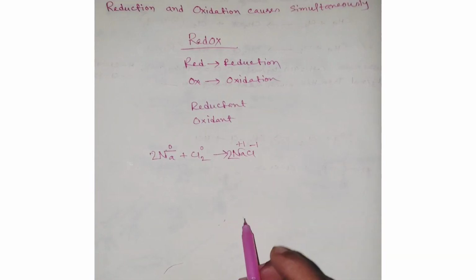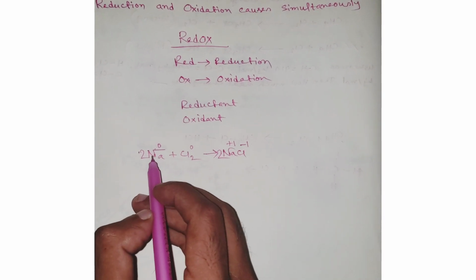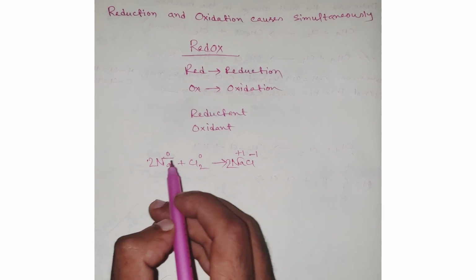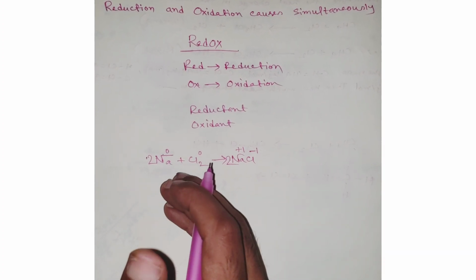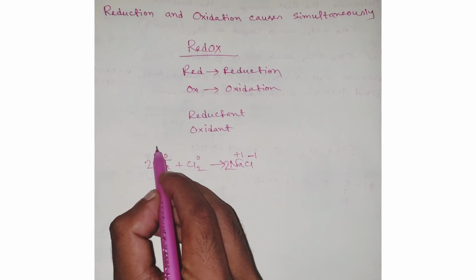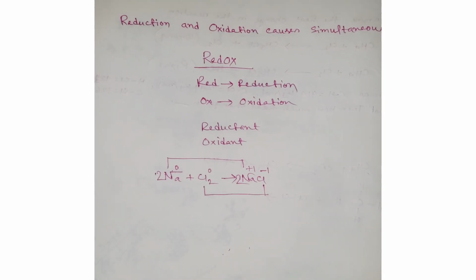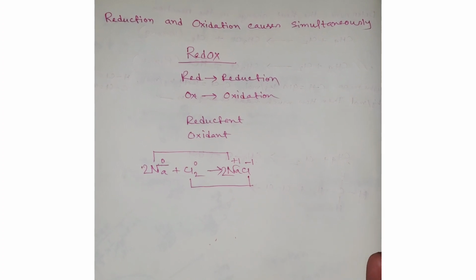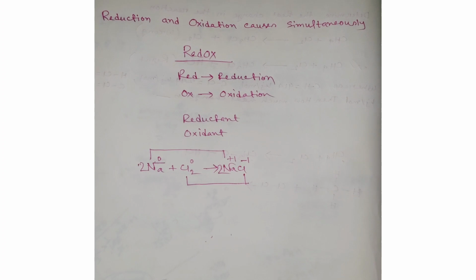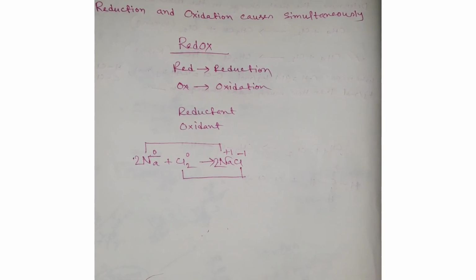Now let me write down the equation in the redox system. First, we have to identify which one is the reductant and which is the oxidant. Here sodium is donating electrons and chlorine is accepting electrons. We know the law: when the positive charge increases or the negative charge decreases, we identify it as oxidation. When an element leaves or donates electrons and increases positive charge, that is oxidation.